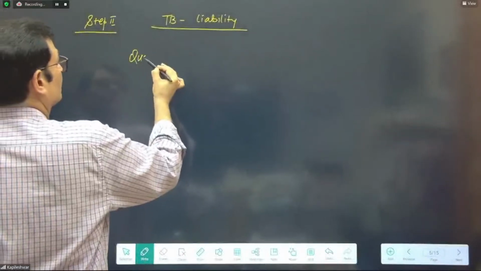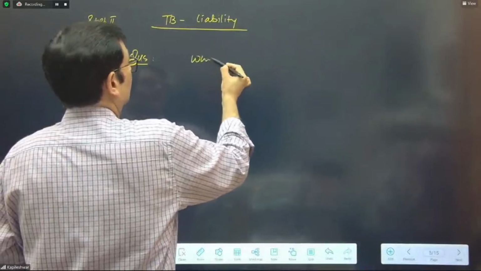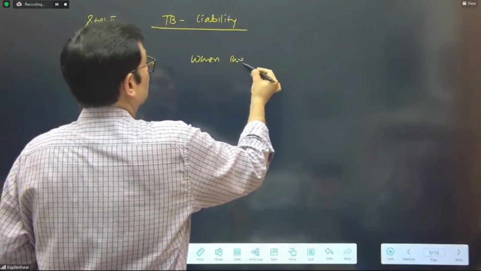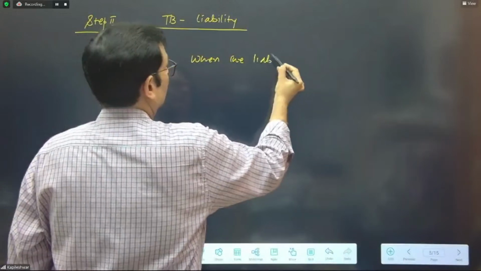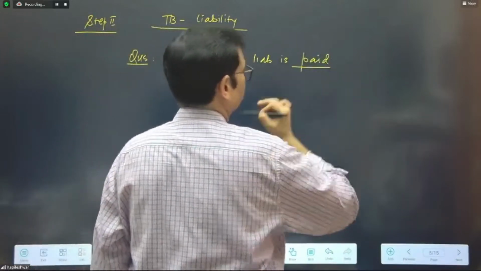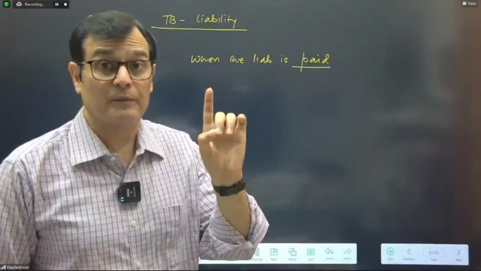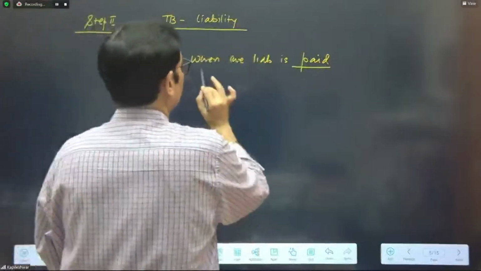I'm going to put across question number 1. When the liability is paid, underline the word paid. There is another definition, where it is discharged by way of goods and services, and we'll make mention of that later.